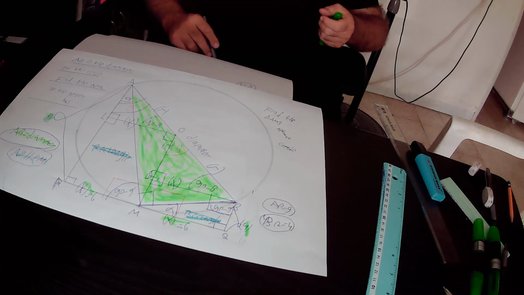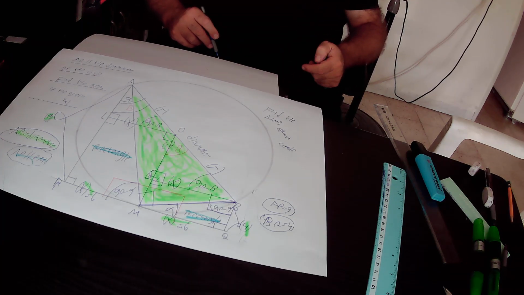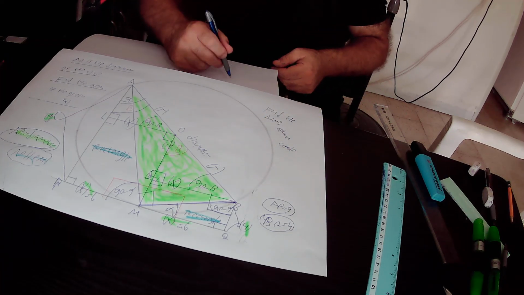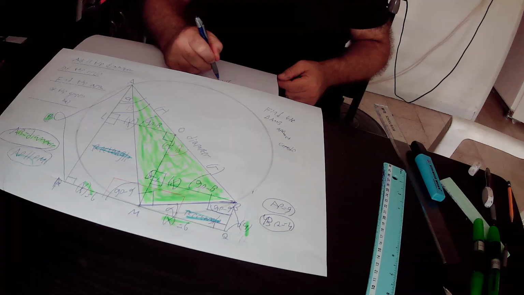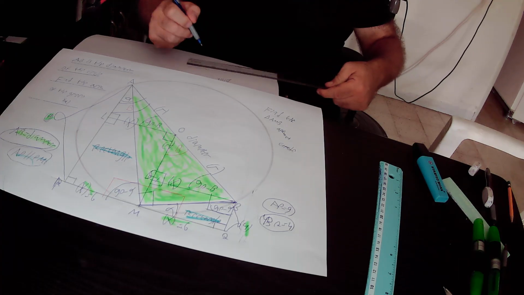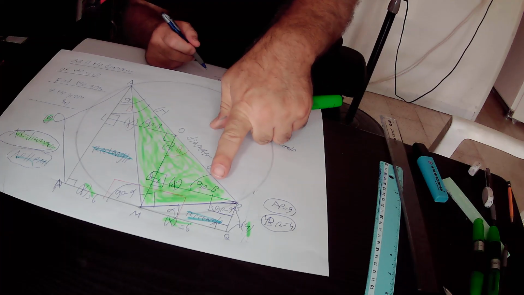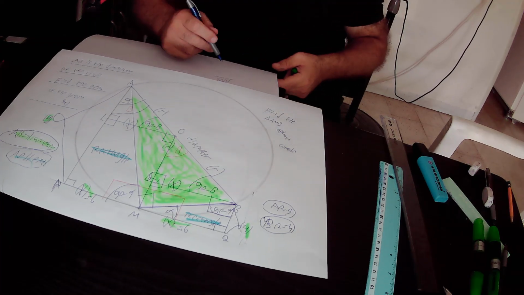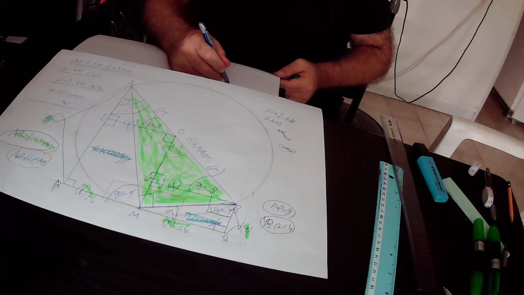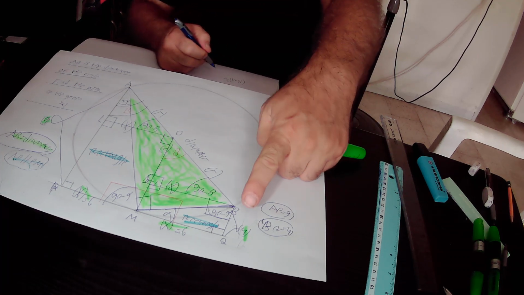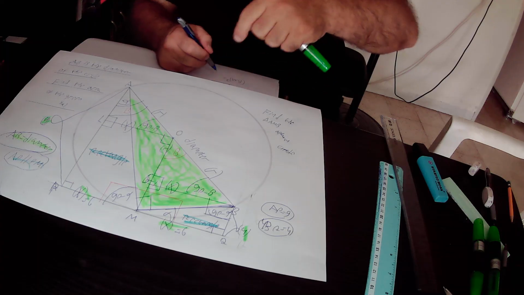So, in the right triangle MBQ, BM squared, that is the square of the hypotenuse, is equal to BQ squared plus QM squared.